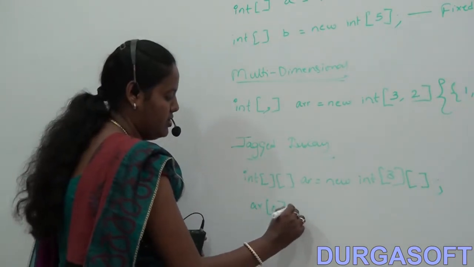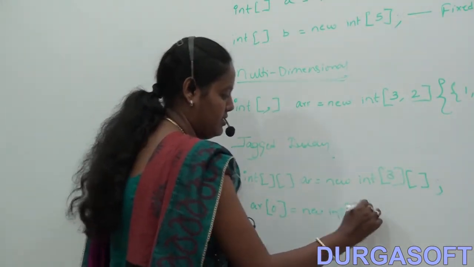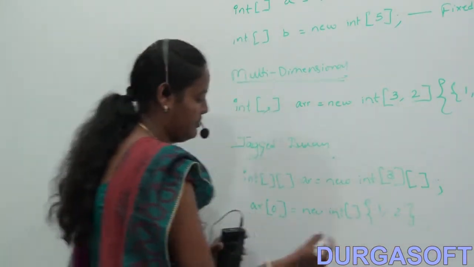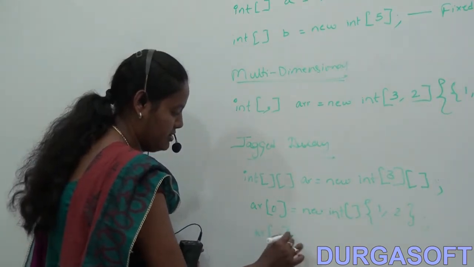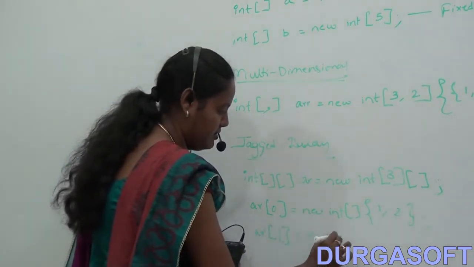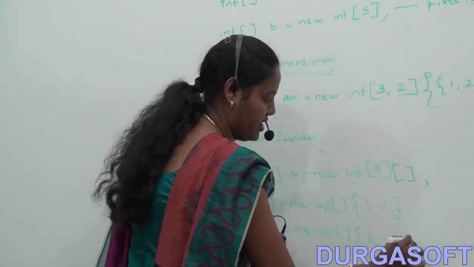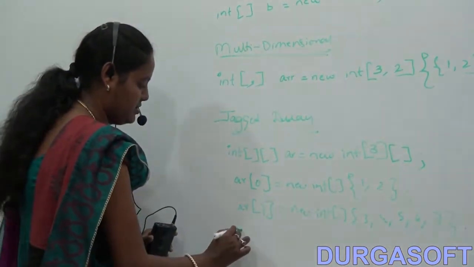Array of 0 equal to new int. Suppose the first row has 2 elements, and the second one we can take like 3, 4, 5, 6, 7, that is 5 columns.